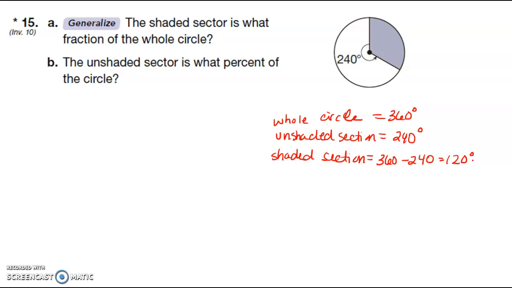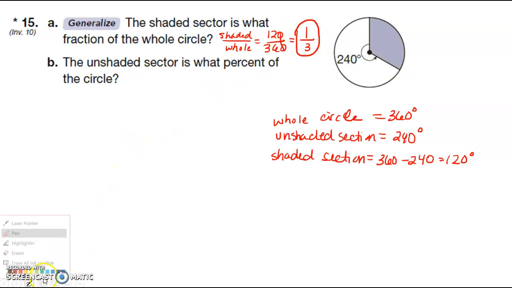But that's not what they asked me. They asked me what the fraction of the whole circle was. So I'm going to put shaded over whole. And this is 120 over 360, which is going to be 1/3. Always, always reduce.